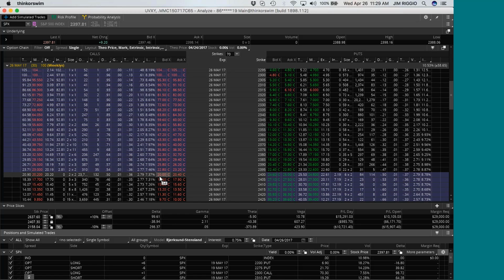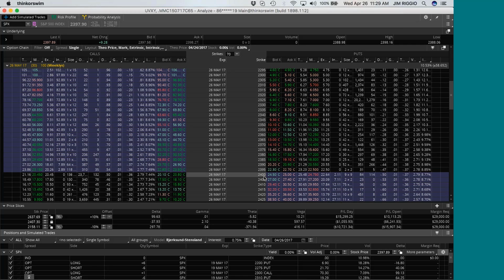Now, if I expressed that 2.6 to you as a percentage, instead of saying there's a 2.6 point difference between the put and the call at the money and the VIX, what's the percentage, or what some people like to call variance? 2.6 divided by 10.6 is like 2.5%.